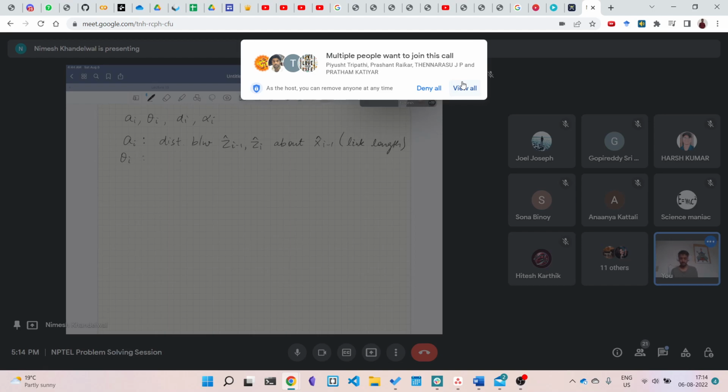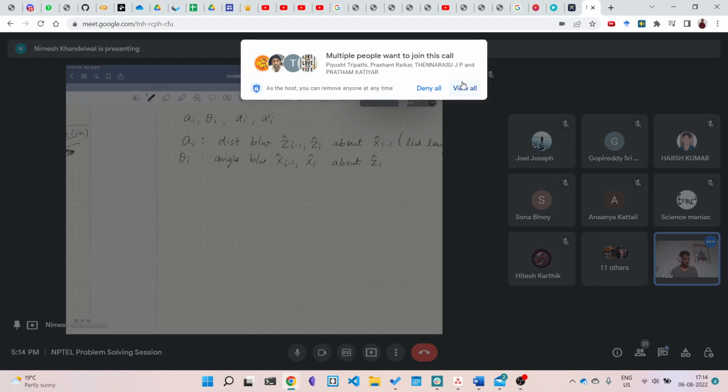This theta i is the angle between x i minus 1 and x i about z i.